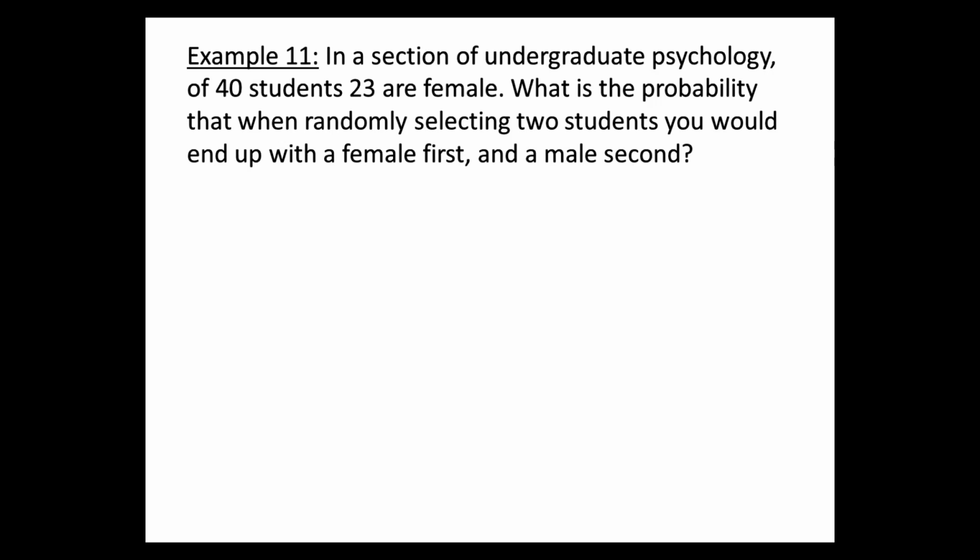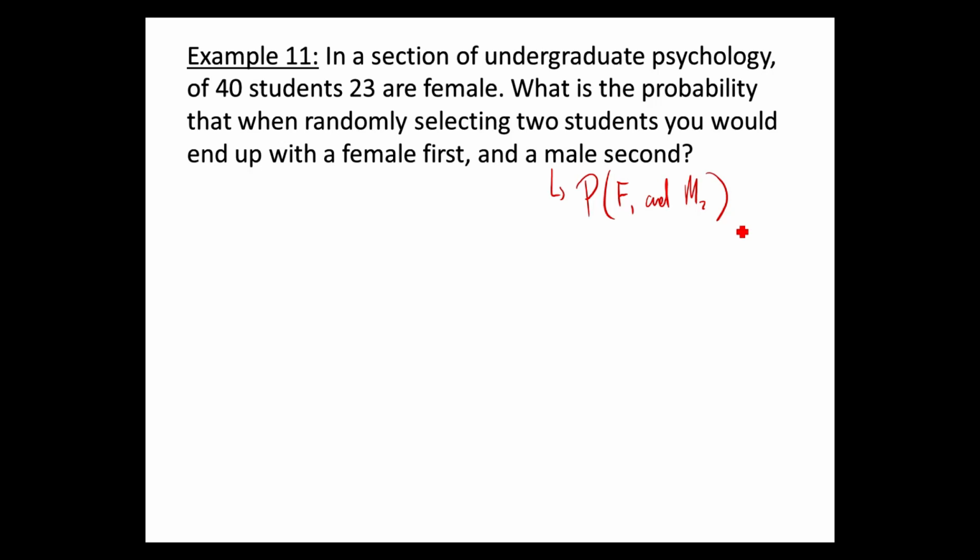You can try to do it formulaically and think about the probability of a female first and a male second, and try to come up with some formulaic way to do this. I think there's a better way to do it though, and I think it's a tree diagram.